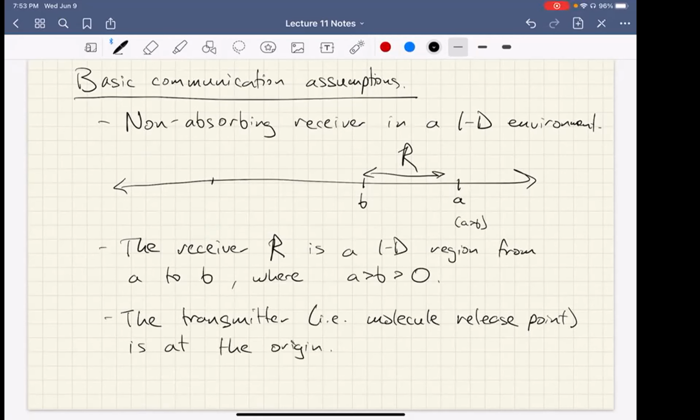That's right here. And we're going to make the assumption that there's nothing else in the system except the emitted molecules.